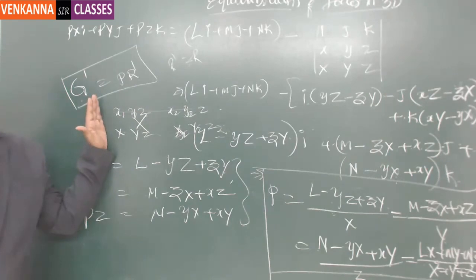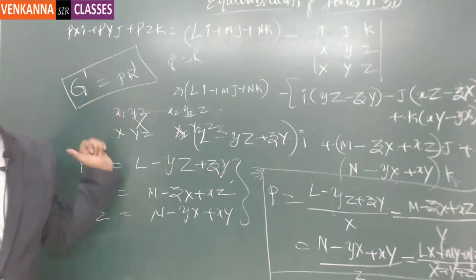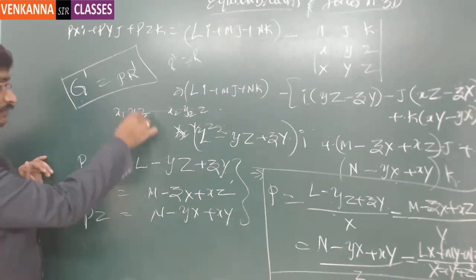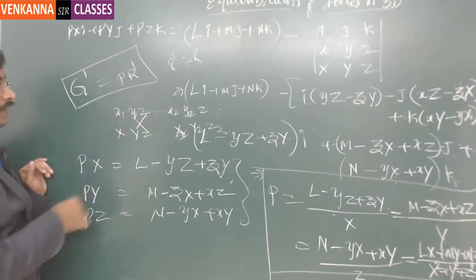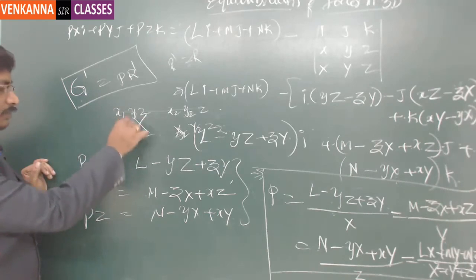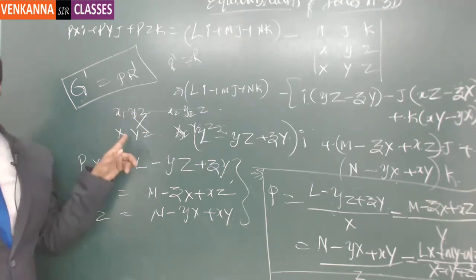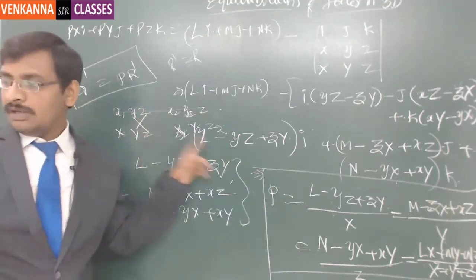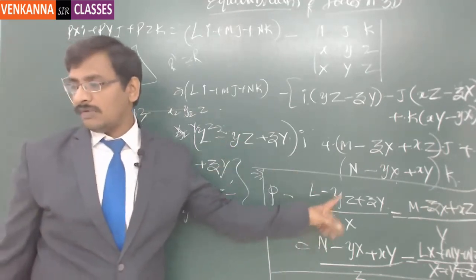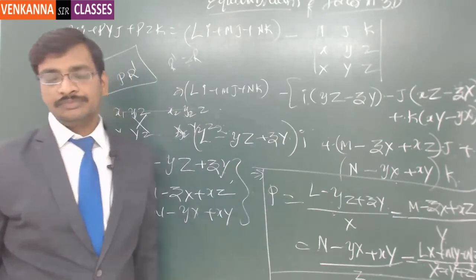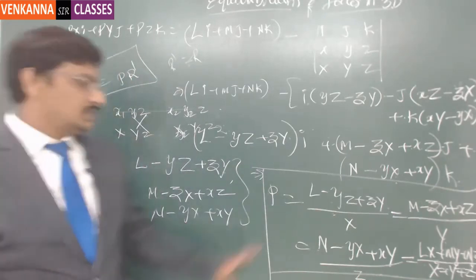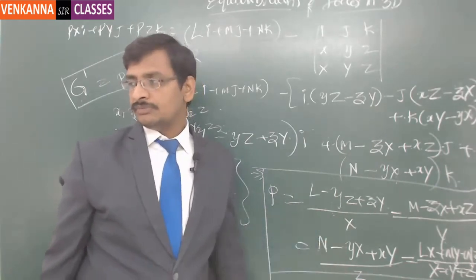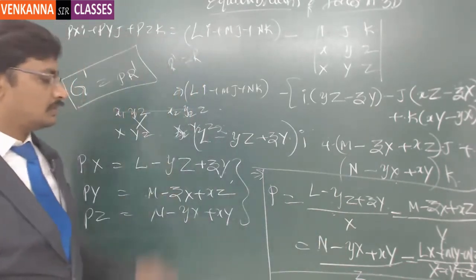It goes in a sequential manner: for y, xz minus zx, and for z, xy minus yx. So like this it is going to fit. If you put it in this format, you will be able to arrive at this equation. Got it? So this equation needs to be remembered, but it's not tough to remember. Clear? Okay, you can note this down.